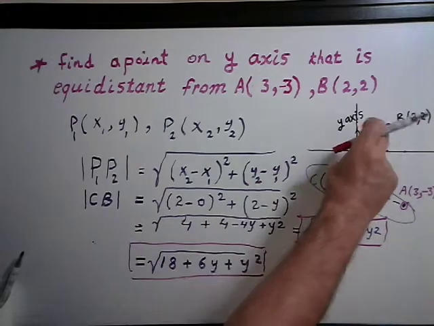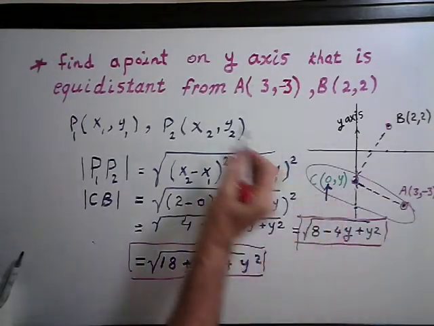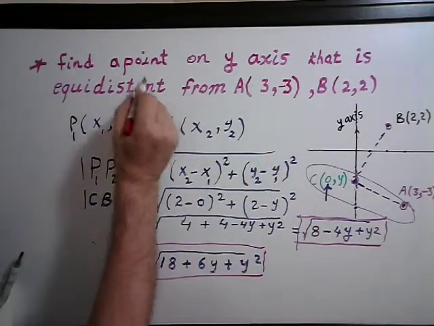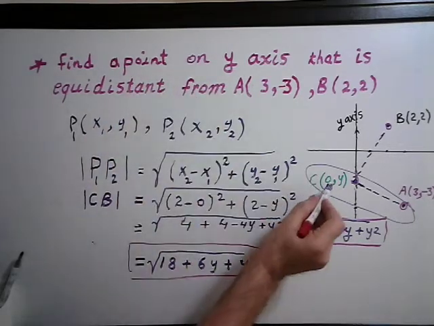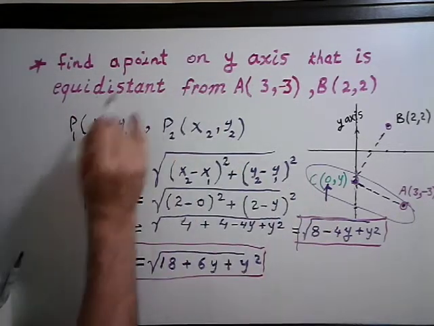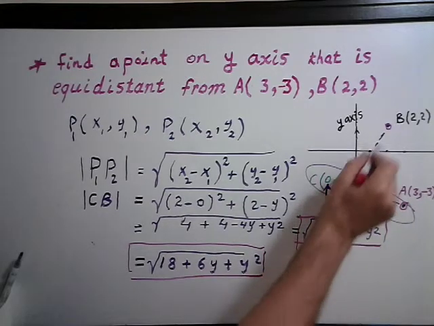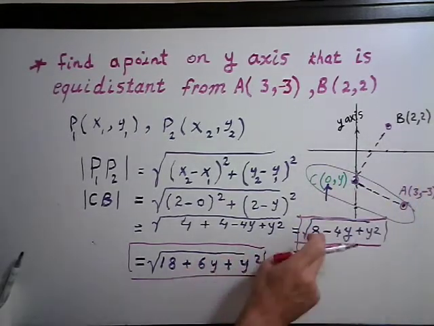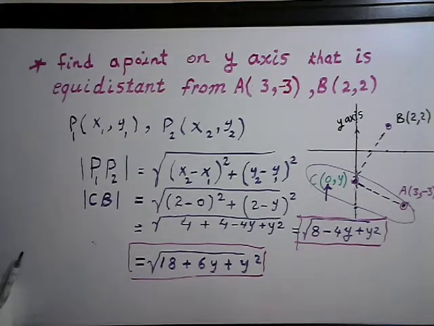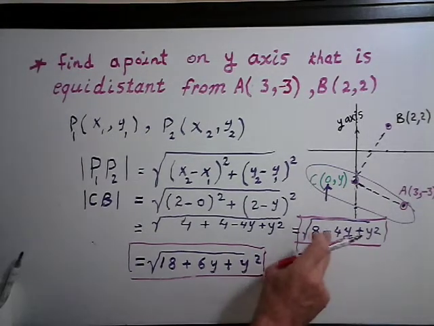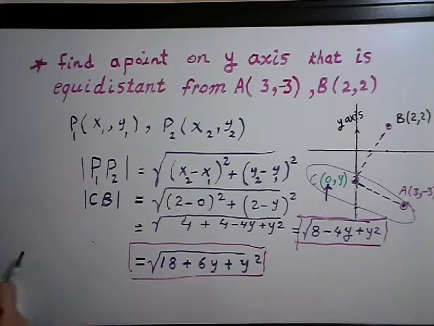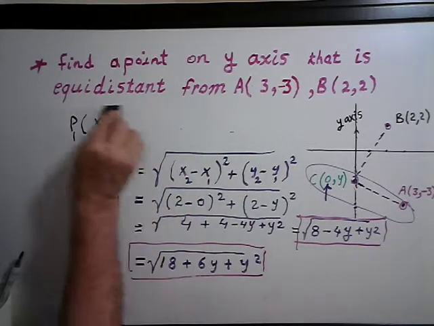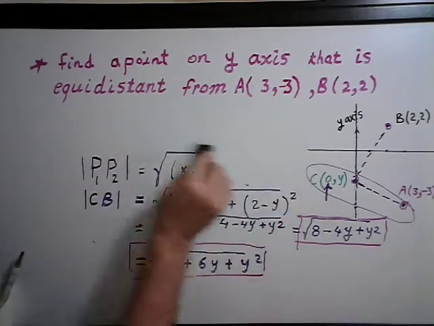As the two distances are equal, because the question said this point is equidistant, that means at the same distance from the 2 points, we will make them equal. By putting them equal, we can eliminate the square roots from both sides.